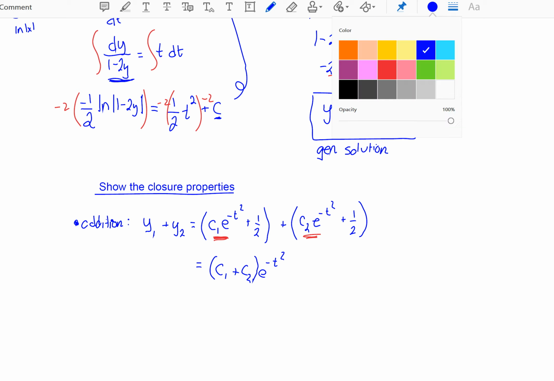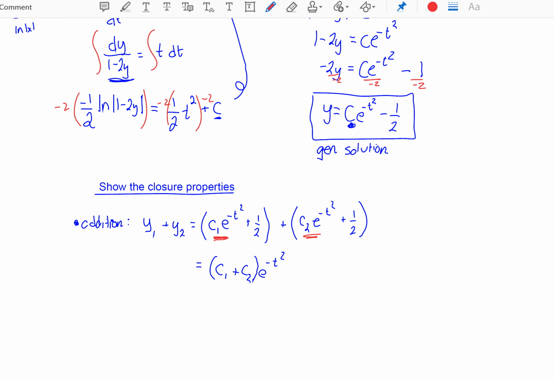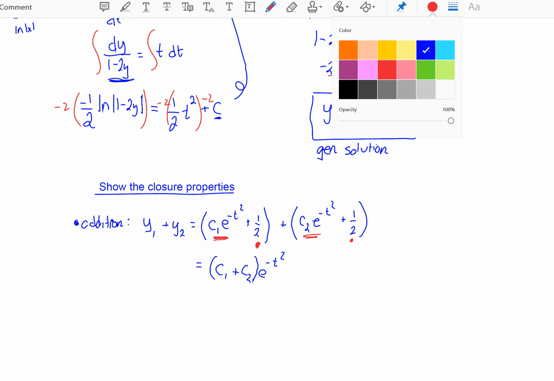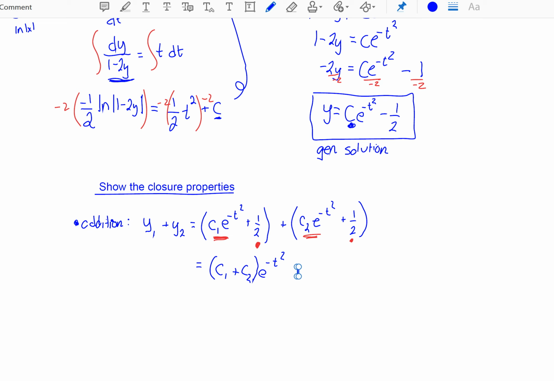And then if we combine our constant terms, the 1/2, then I get plus 1. And maybe in general, you could say that this is going to look like c e to the negative t squared plus 1. And I'm asking, will this still look like one of my general solutions? Will it still look like this?